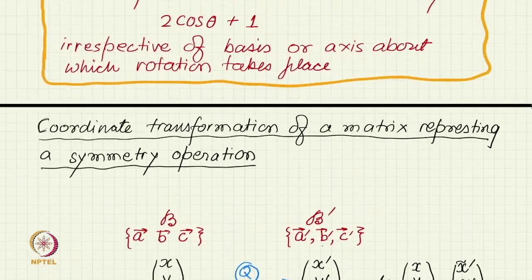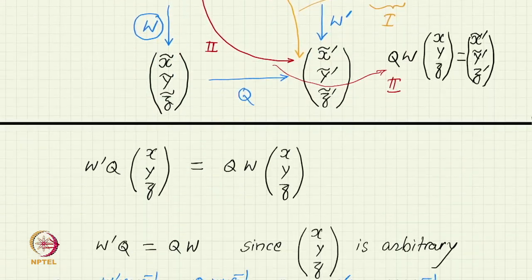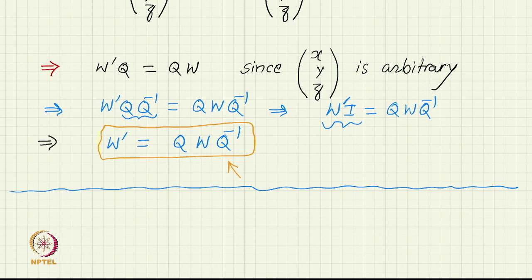Using this result, now you can easily see the claim which I made here, that the trace of a rotation matrix is always invariant. You can actually show that this implies in general, not only for a rotation matrix, that the trace will not change.